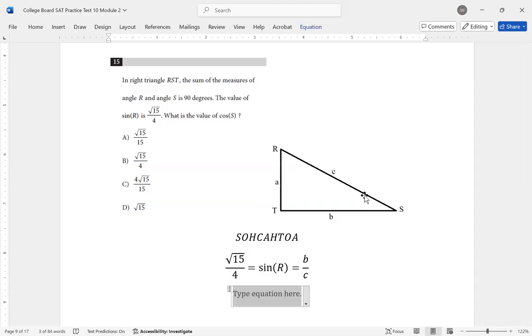Now, what is cosine of S? Well, cosine of S is going to be adjacent over hypotenuse.